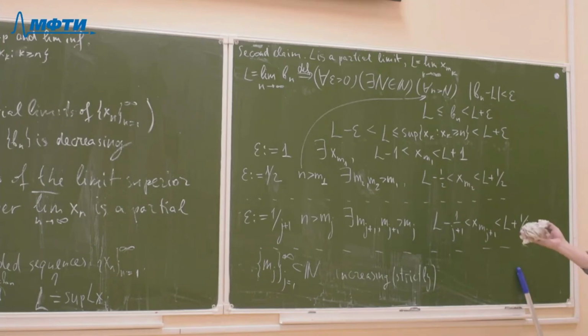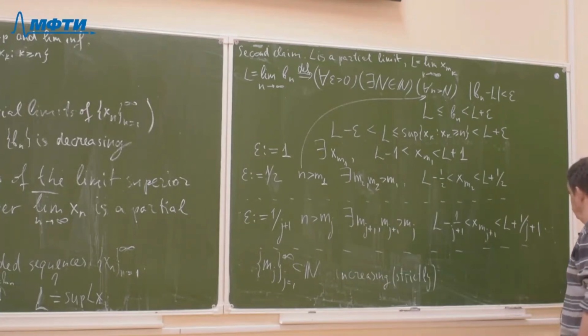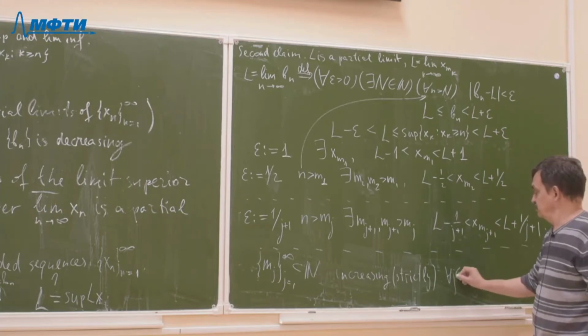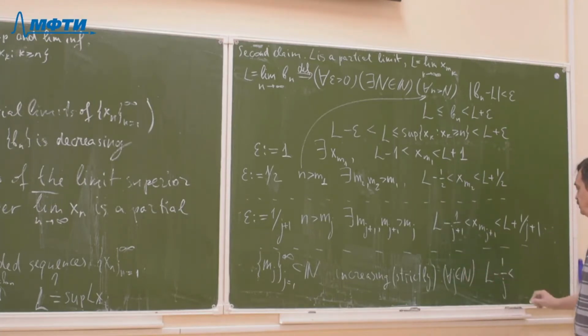So we have constructed a strictly increasing sequence of natural numbers such that for all natural j, we have L minus 1 over j less than x mj less than L plus 1 over j.